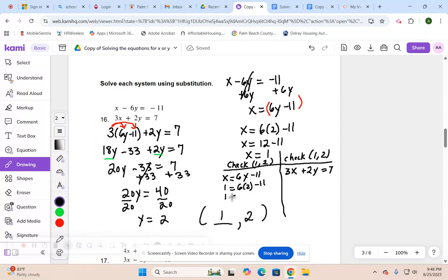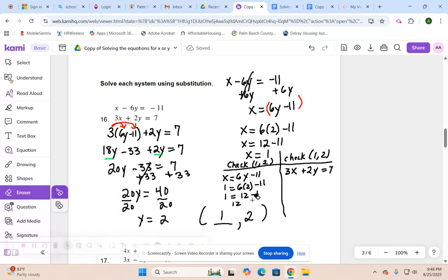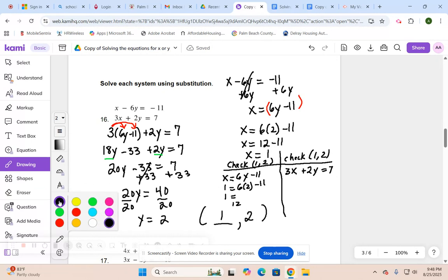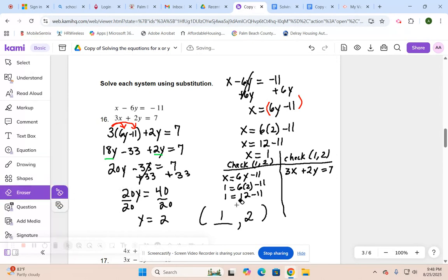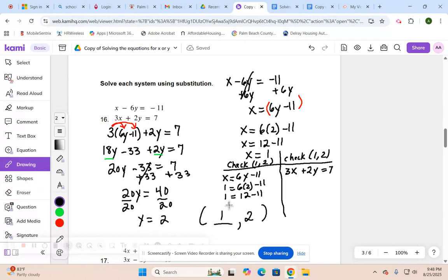So this is 1. This is 12 minus 1. That means 12. I'm sorry. Let's fix that. So this is 12 minus 11. So 1 equals 1. This checks.